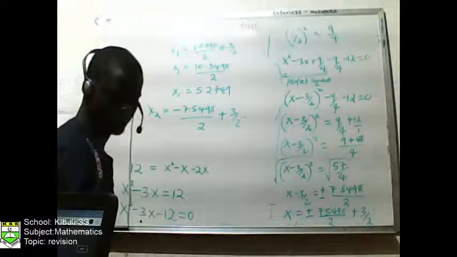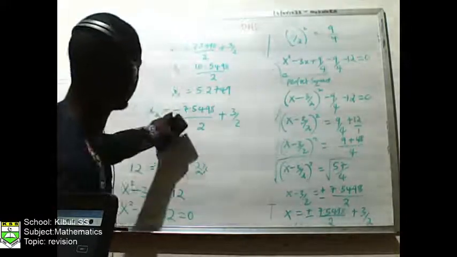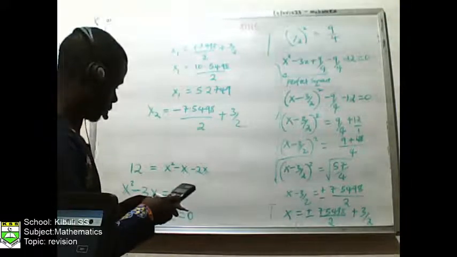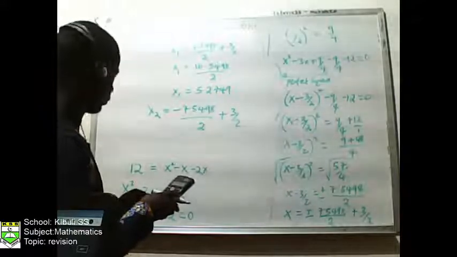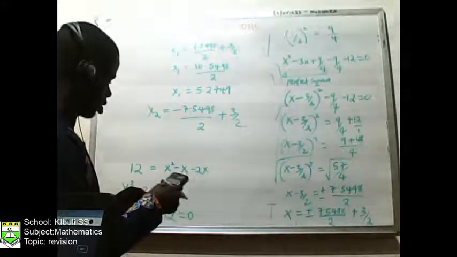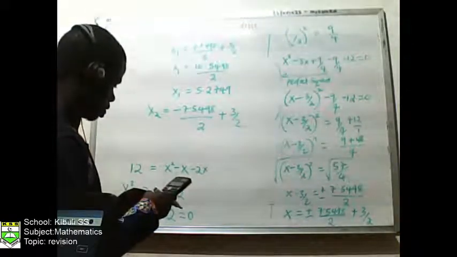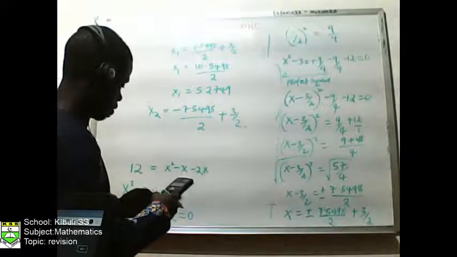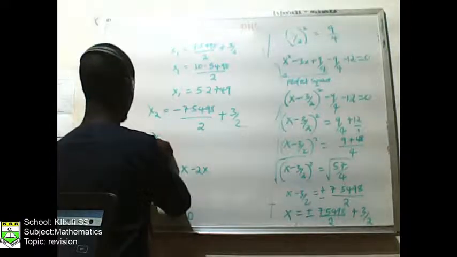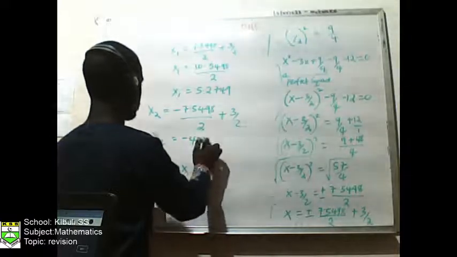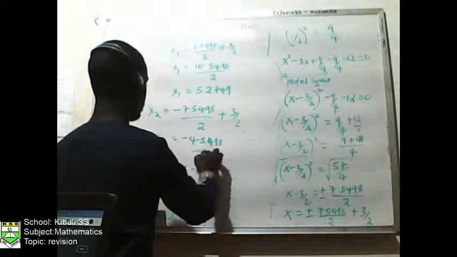When I subtract the negative 7.5498, the answer is x2 is equal to negative 4.5498 over 2.